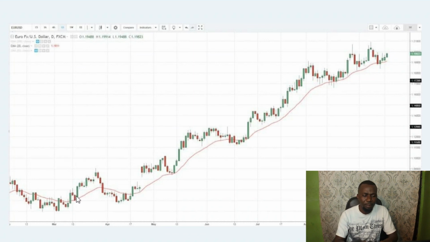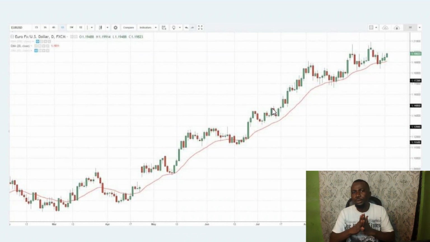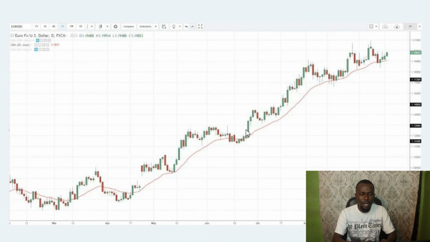Now you can see that the price is above the moving average, telling you that the trend is up. So what do you do? You only trade in the direction of the trend. So whenever you discover this type of market, please don't sell. Know that the market is in a trend because the candlesticks are above the moving average, telling you that the market is heading up, right?